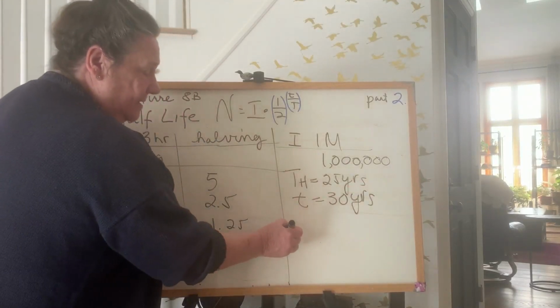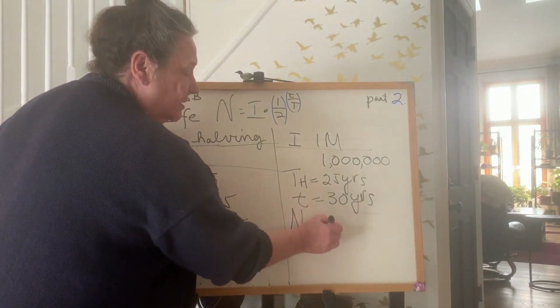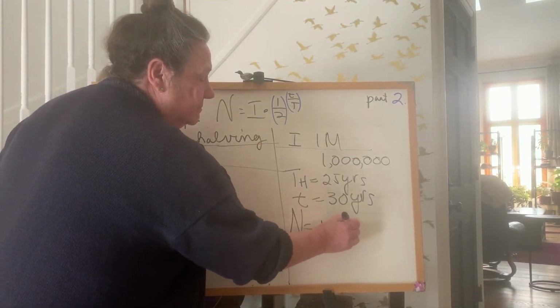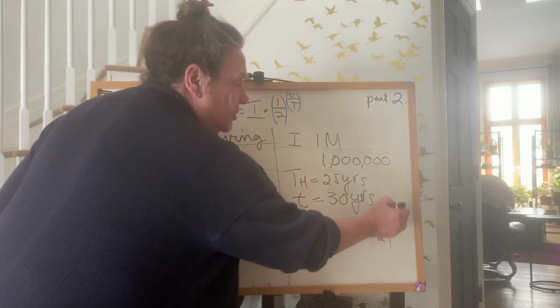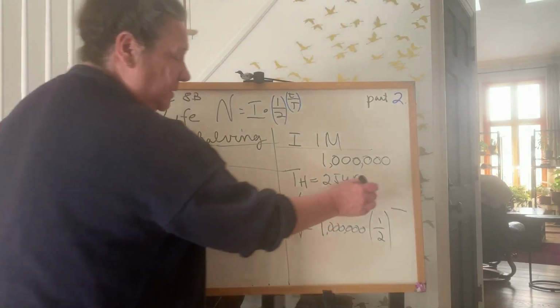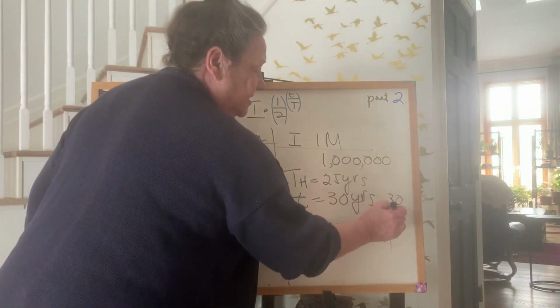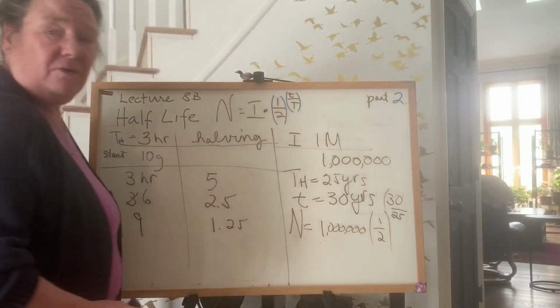So you're going to say the new amount is equal to 1 million times a half to the little t, the time to run the experiment, over big T. Okay? And those both have to be in parentheses.